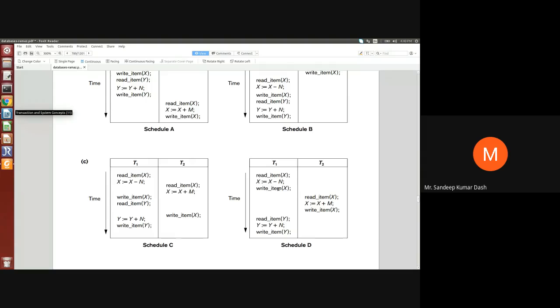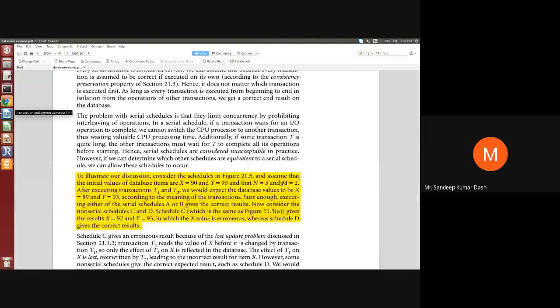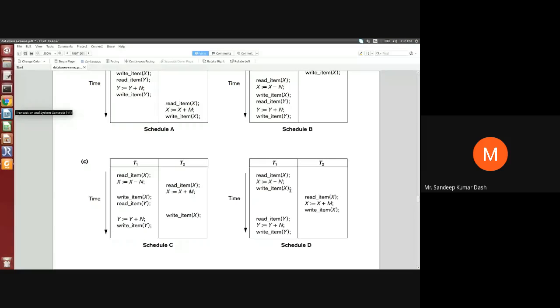Read item X, it is 90 minus N. N is 3, so X will be 87 here. 87 plus M is 2, 89.